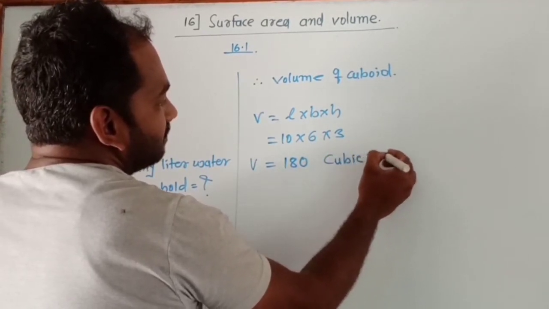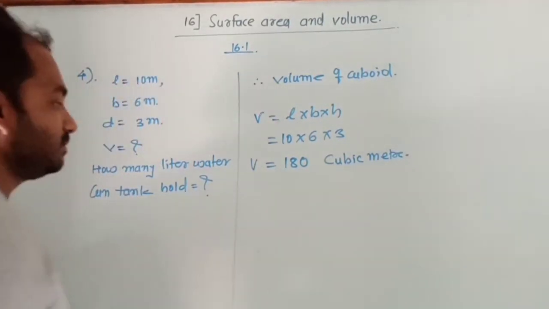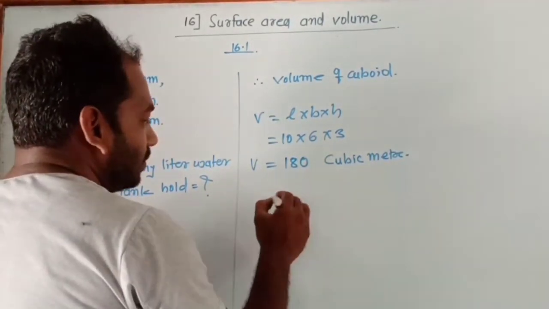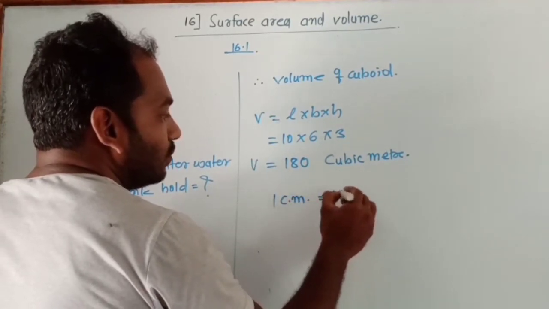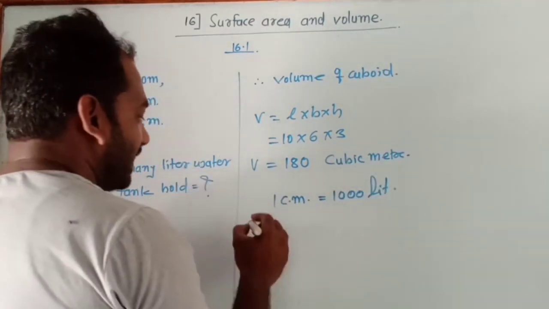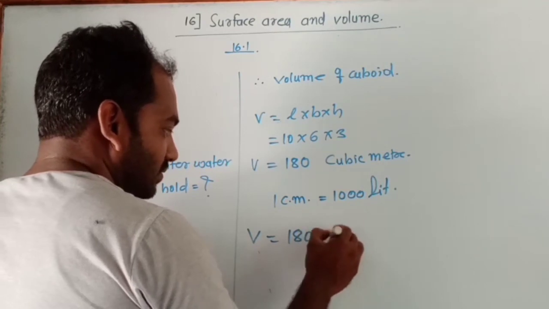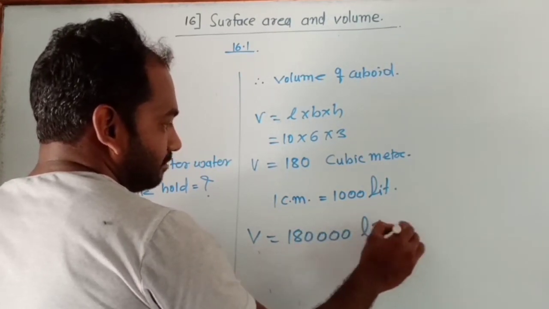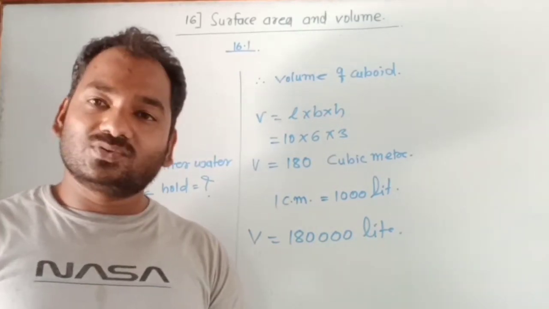Cubic meter is the capacity of this tank, and we know 1 cubic meter is equal to 1000 liter of water. So multiply this, we get 180,000 liter. That means the tank can hold 1,80,000 liter of water.